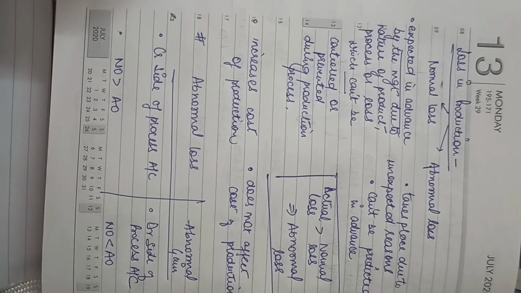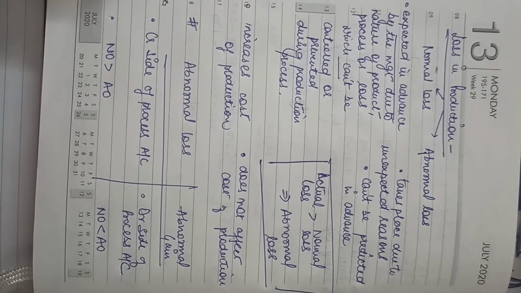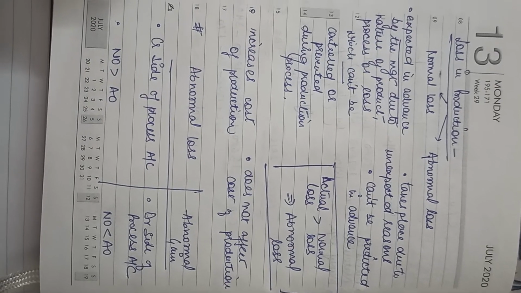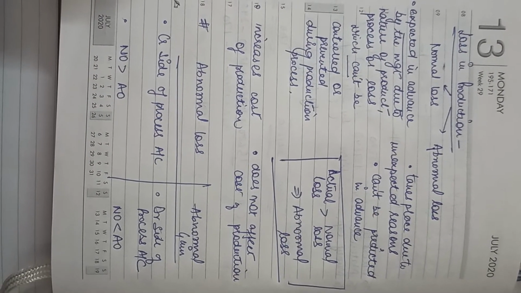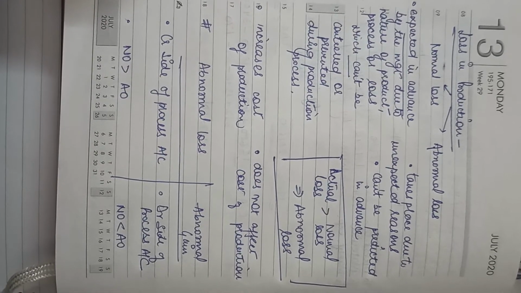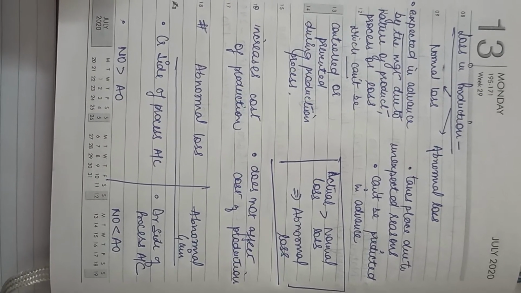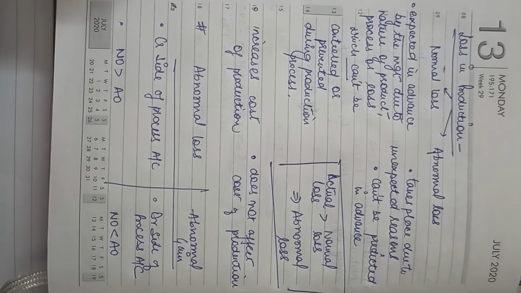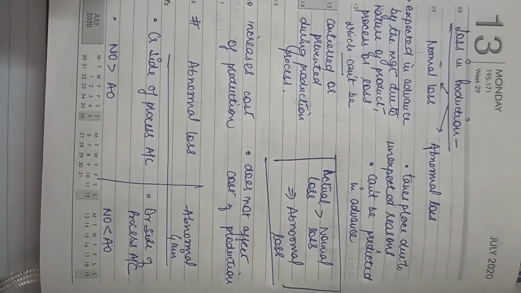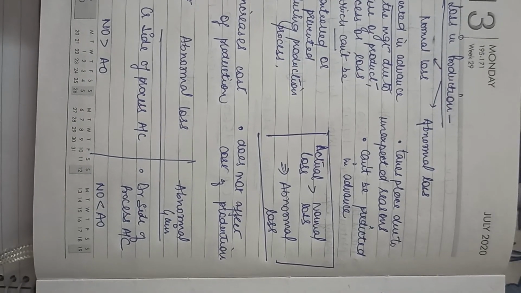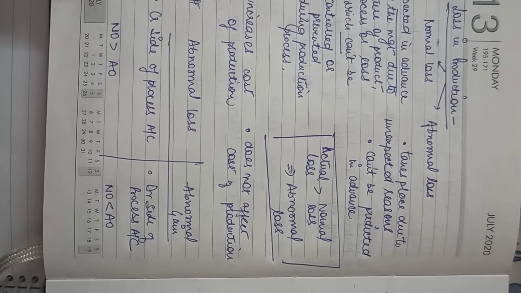So these are certain expenses, particularly a normal loss, which have to be incurred during the production process, and this type of loss generally increases the cost of production, because without it the manufacturing process cannot be carried out.